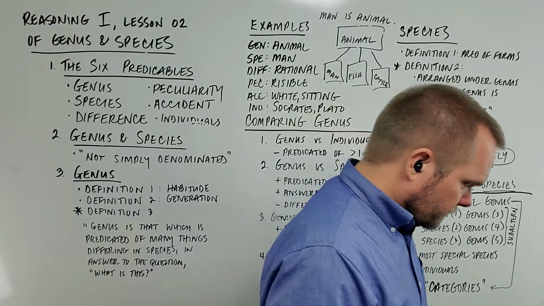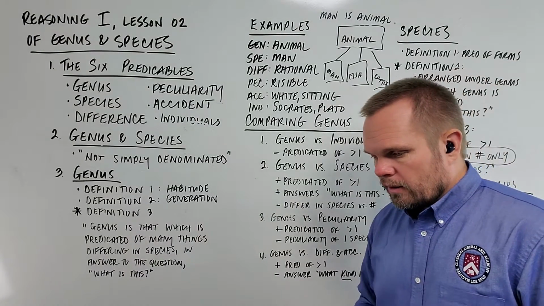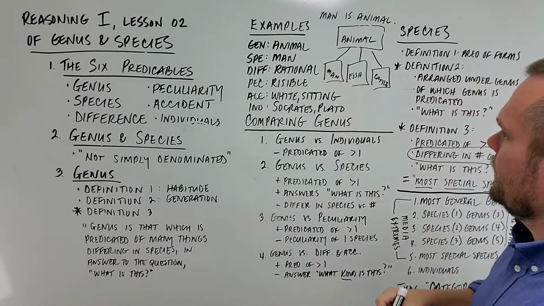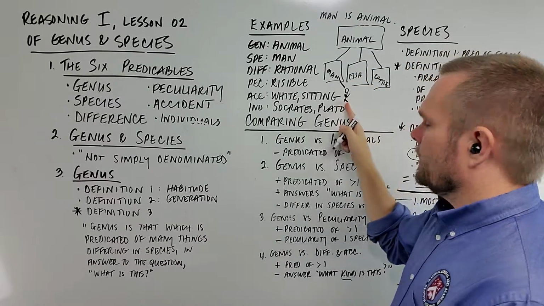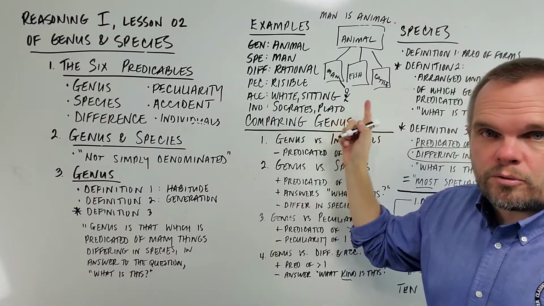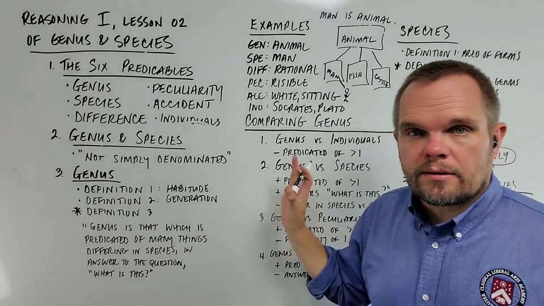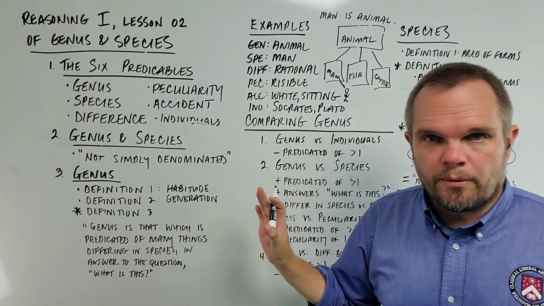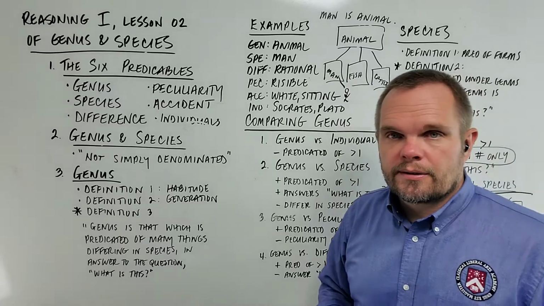Now, to explain this, let's start with man, and let's start with an individual man. Here's Socrates, an individual man, and all of the millions and billions of individual people, all contained in the species man.